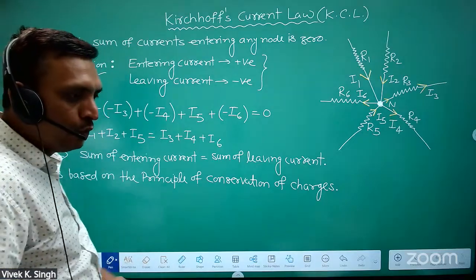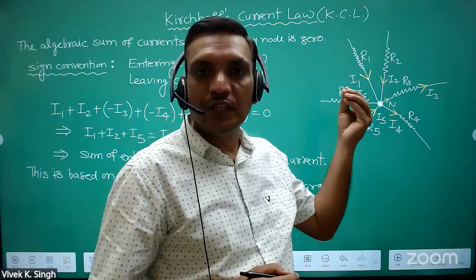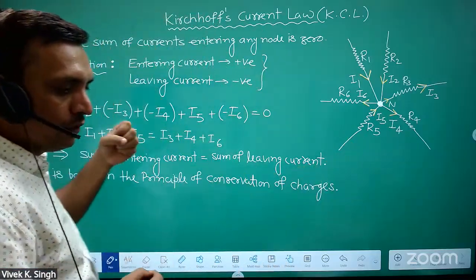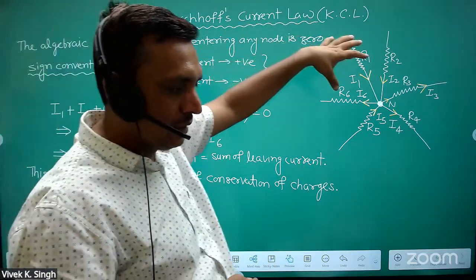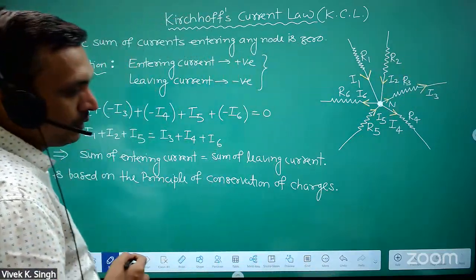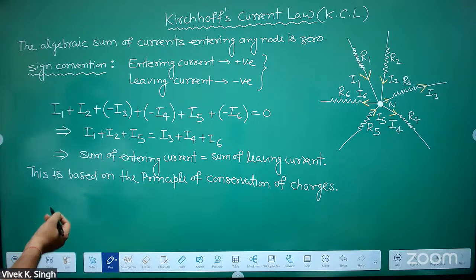So any node cannot generate, destroy, or store the charges. Whatever be the charges that are coming, that same charge will going out. So it is based on the principle of conservation of charges. Is it clear? What is KCL? Yes, sir. So note it down.